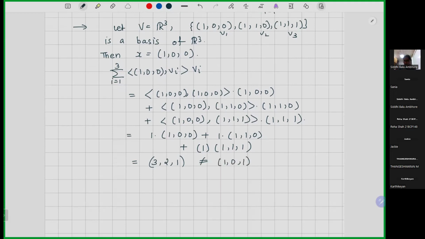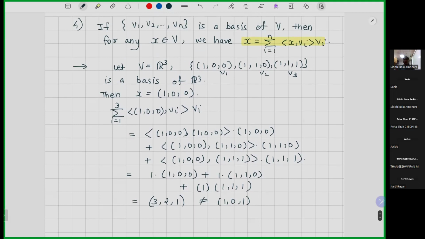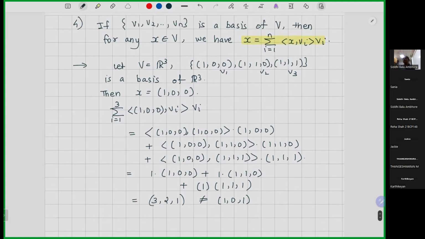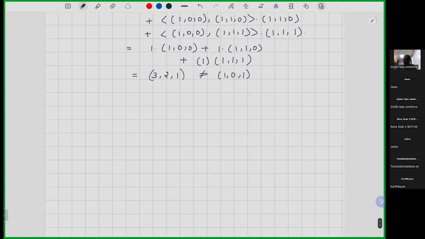So this holds only when we have an orthonormal basis. Even for an orthogonal basis, this need not hold. If we have an orthogonal set such that the norm of vi is not 1, it fails.